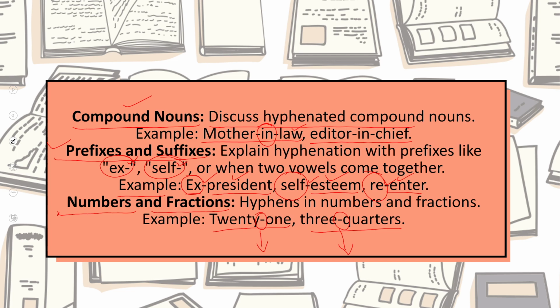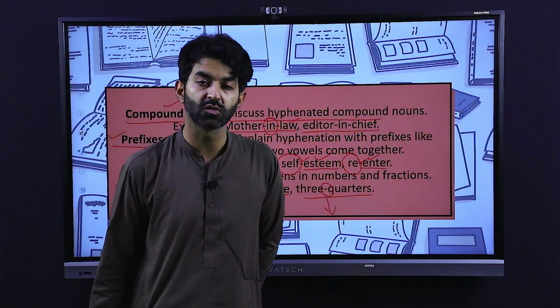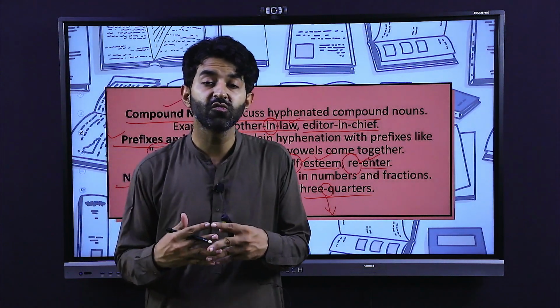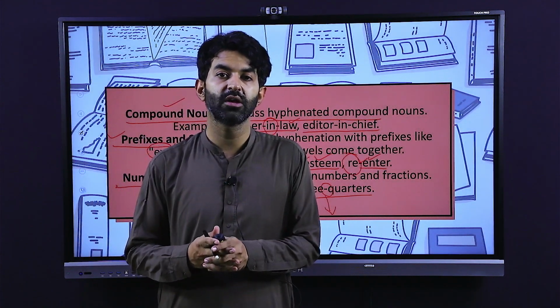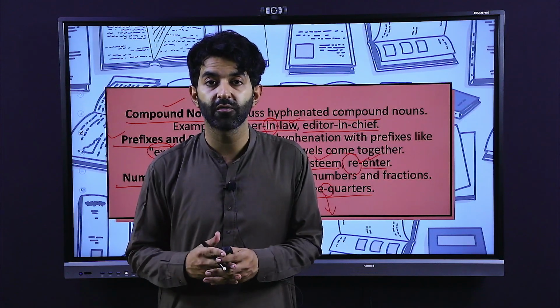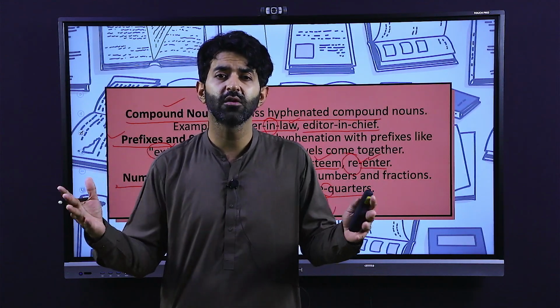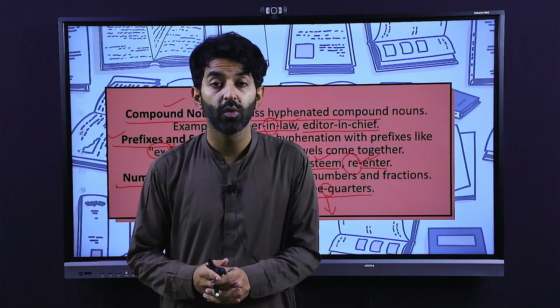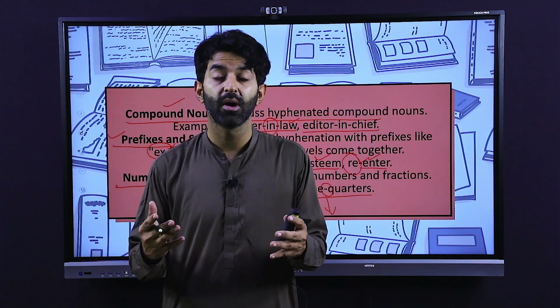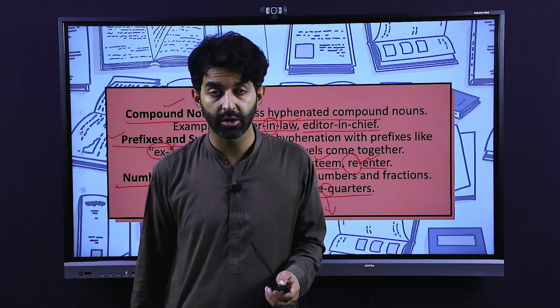So we use it for compound nouns, for prefixes and suffixes, and also for numbers and fractions. So you can see that as we are learning about the conventions and different purposes of hyphens, we are discovering so many different scenarios in which we are using our hyphen punctuation mark.